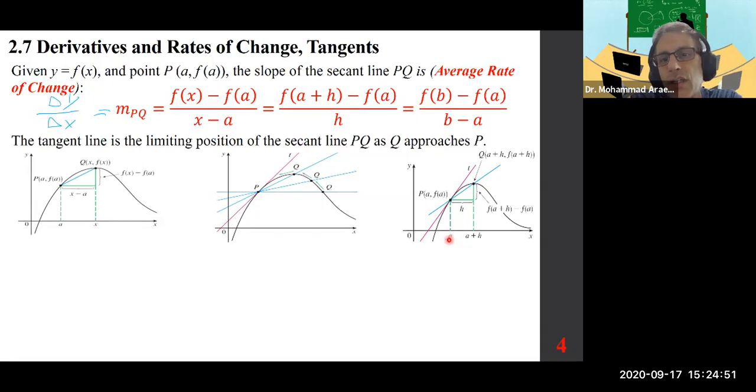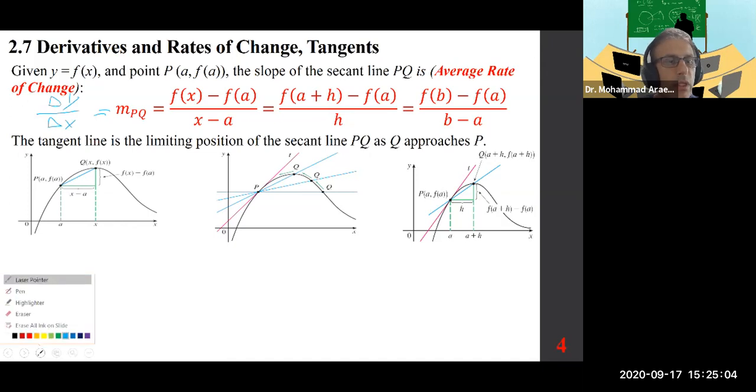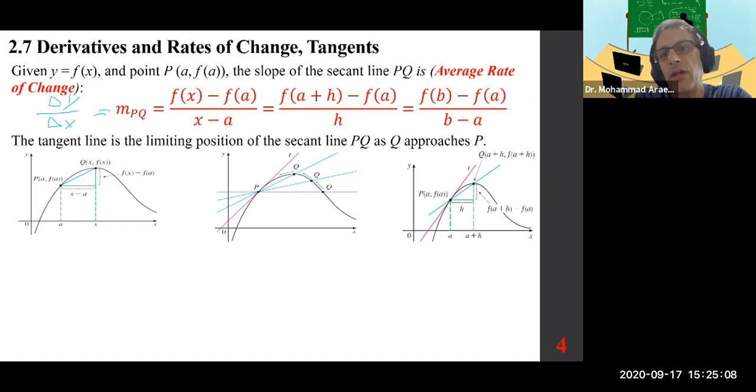If the first point is A, and then H is the distance, we call this A plus H. Look at the second one. What else can we do there? This distance of H is the same as delta X. If you call this delta X, class, this H can be changed to delta X.